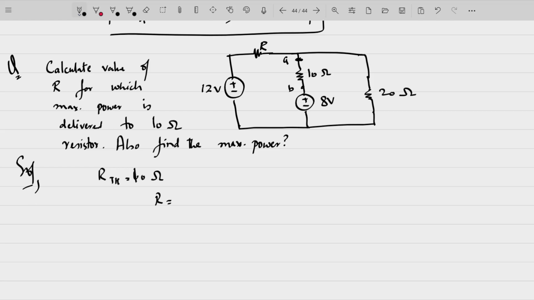R is equal to 20 ohms. You are getting RTH as R parallel 20, that is 20R by 20 plus R. You already know the value of this is 10. So this is 200 plus 10R, so 10R is equal to 200.